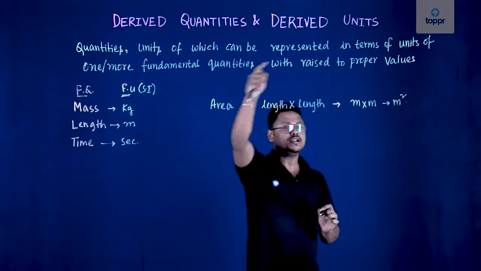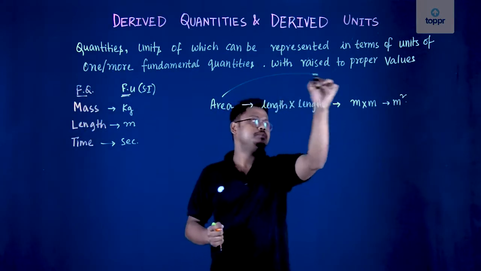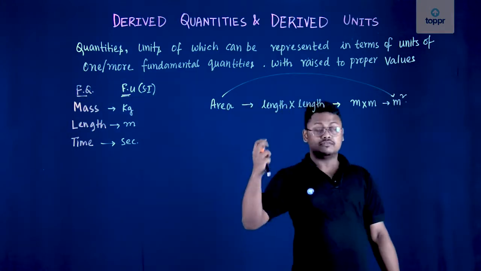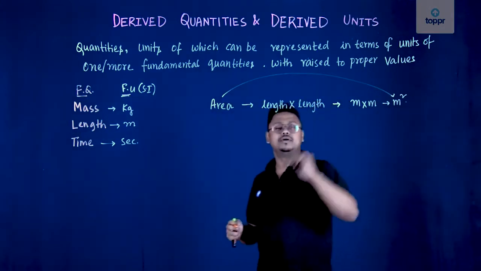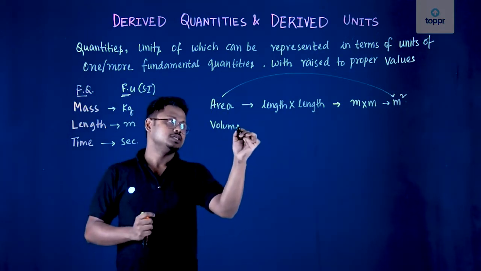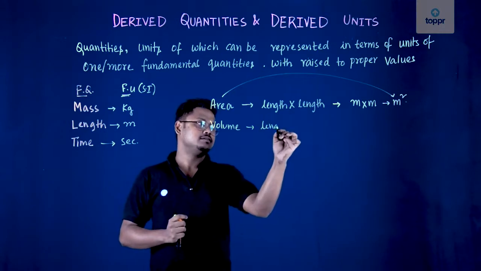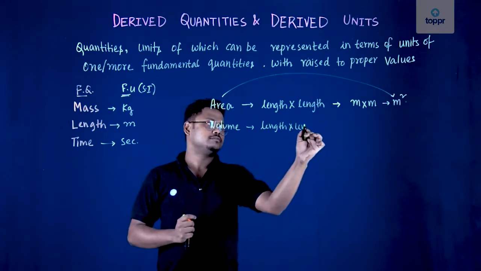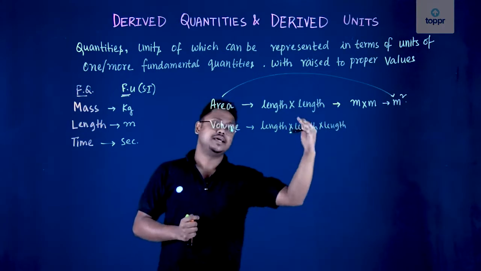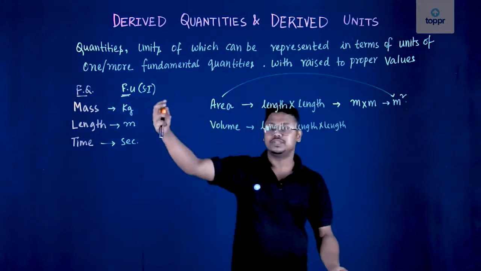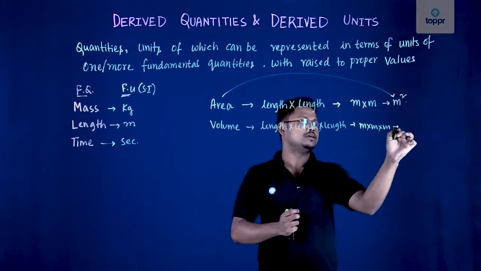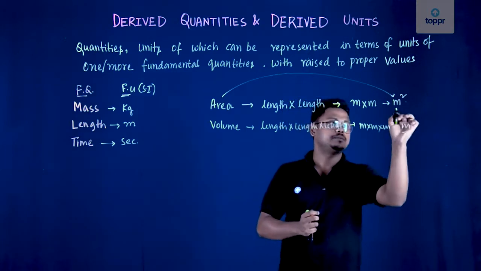So the unit of this derived quantity can be represented in terms of the unit of a fundamental quantity raised to its proper power, right? Similarly, volume is length into length into length, or length, breadth, height, but all denote the dimension of length only, so it will be meter into meter into meter, meter cube, right?